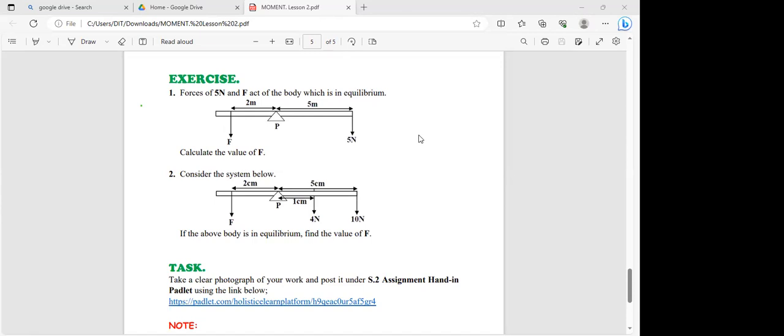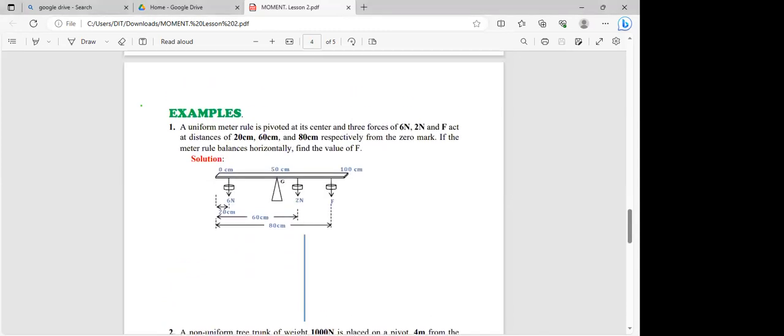Number two being 27 newtons. Yes. So we have the 5 and we have the 12.5 newtons and we have the 27 newtons.